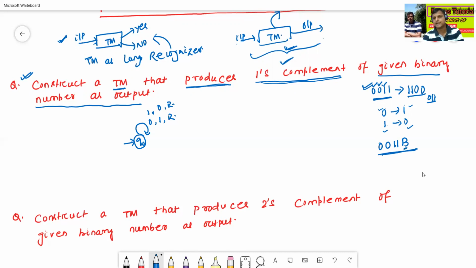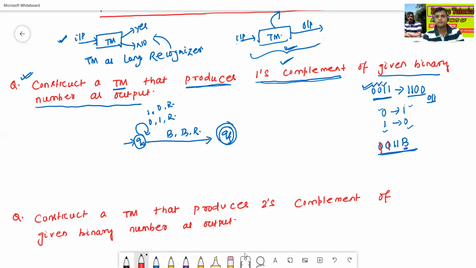When it reads the blank symbol, it moves towards right and goes to the final state. See again. Q0 reads 0 and writes 1. Q0 reads 1, writes 0, and moves towards right.